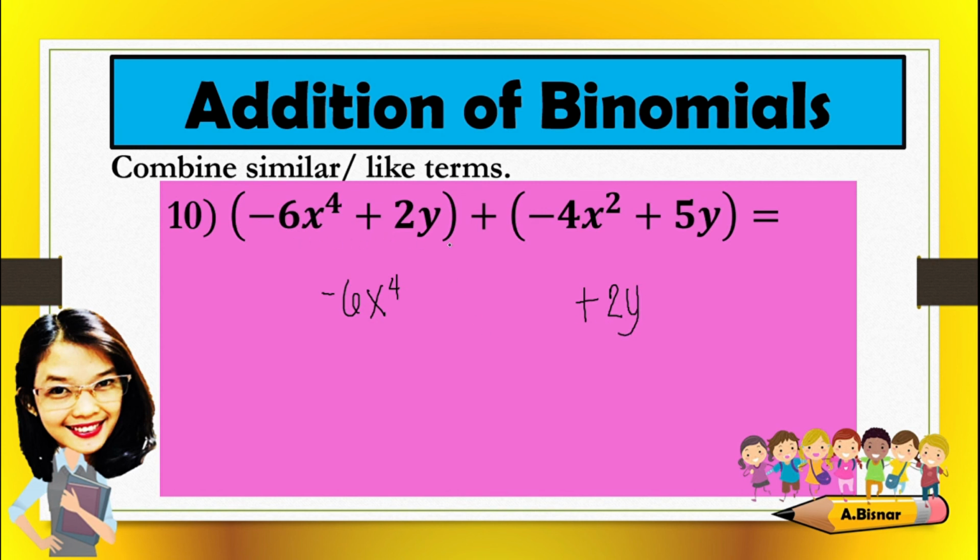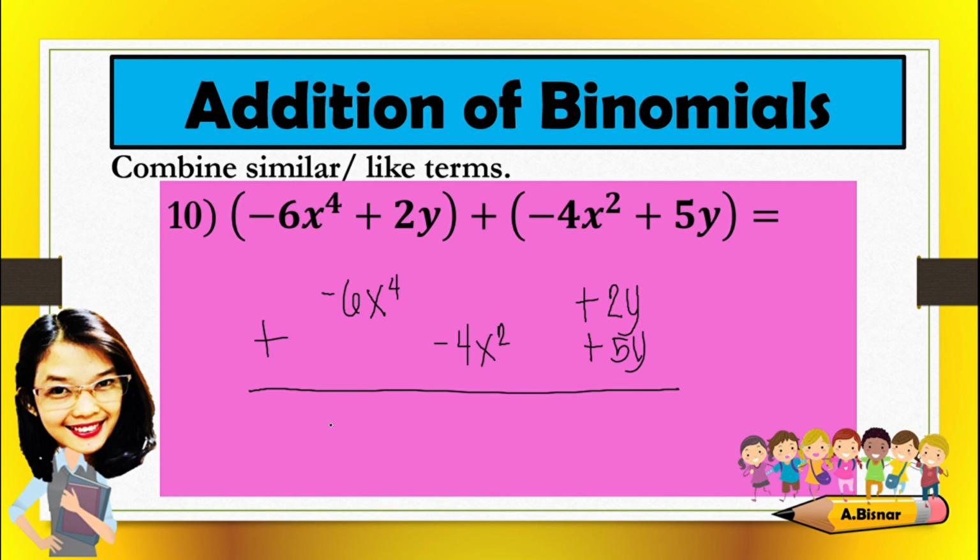Then we have here negative 4x squared plus 5y. They are not aligned because the exponent of x in here is 4 and the exponent of x in here is 2, which means to say that they are unlike terms.